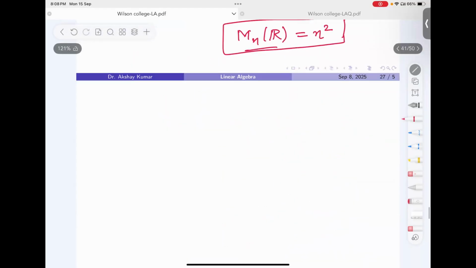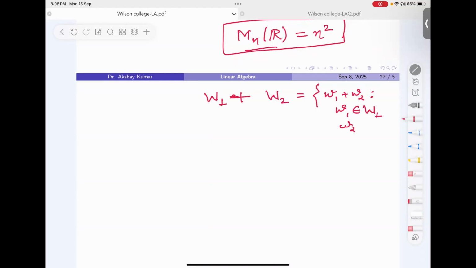Now suppose you have two subspaces W1 and W2. If you add them, the addition is simply w1 plus w2, where w1 belongs to capital W1 and w2 belongs to capital W2.